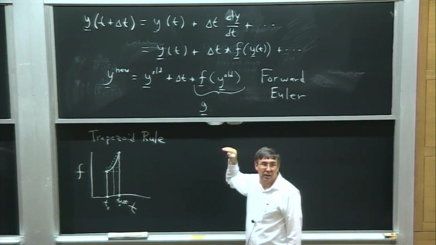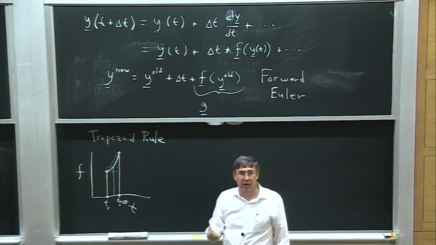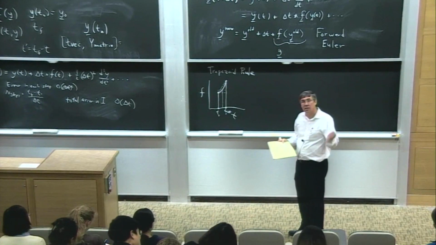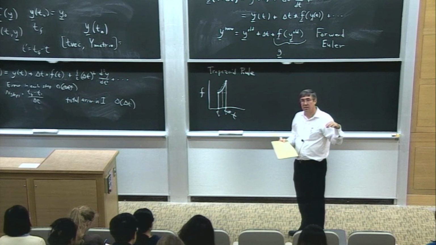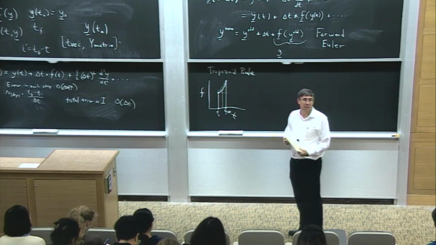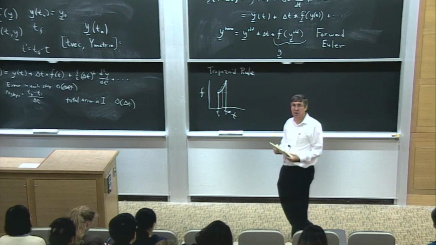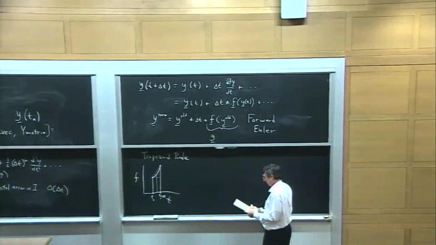Okay? And the key is try to find a G that's really accurate. You want to have one that's the most accurate you can, because then your errors will be less. And if your errors are less, then your delta t can be bigger, which means your number of steps will be less, which means your CPU time will be less. So you might be able to get more accuracy and use less CPU time, both, if you can find a really good formula for G, for the update.